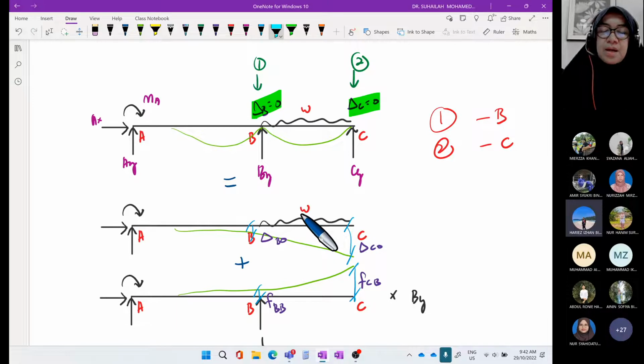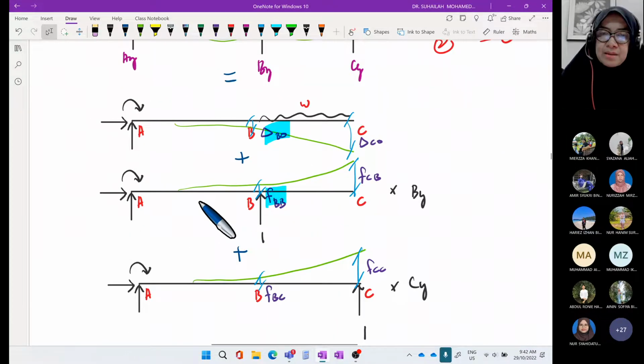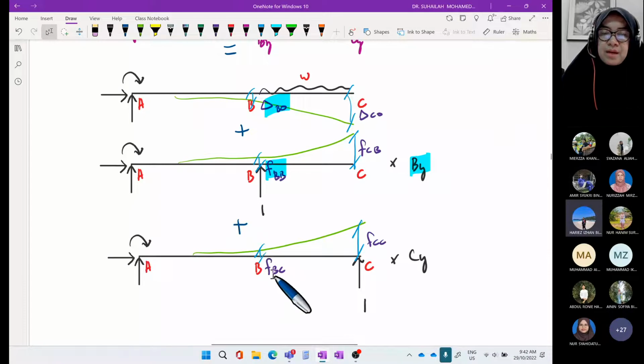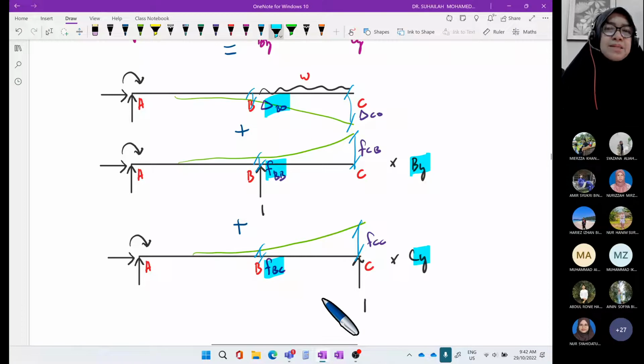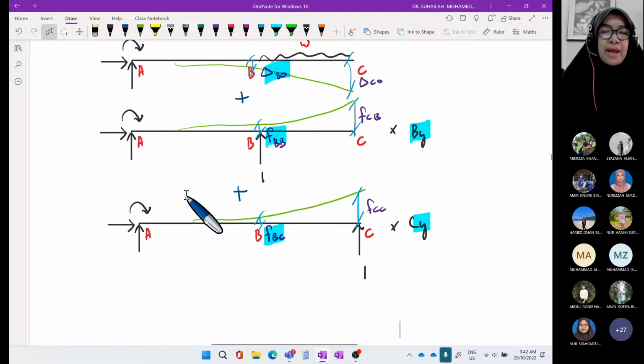Delta B naught, yes. Plus FBB multiplied by BY, correct. Plus FBC multiplied by CY. That is the first equation. Okay, and that is correct.